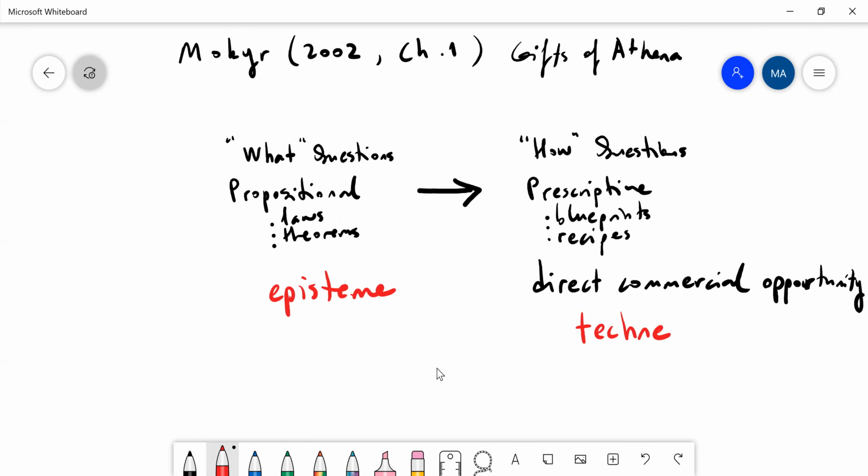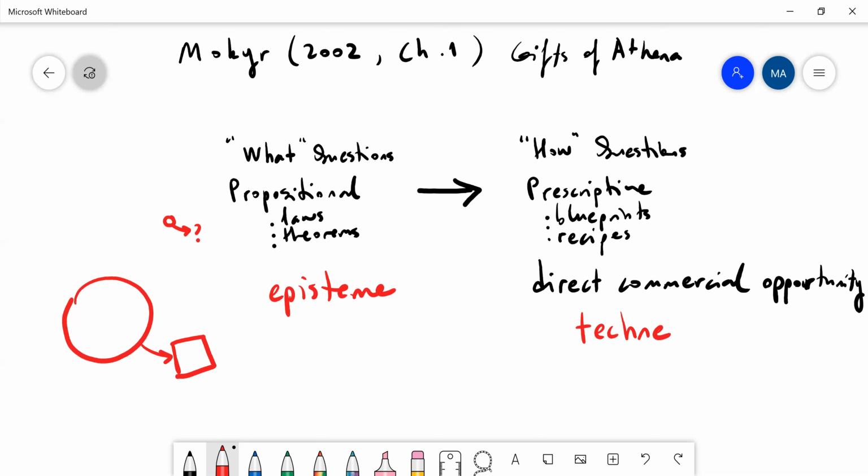And the idea is like this. If we know a lot about Newtonian mechanics, we can innovate certain stuff more successfully. If we know only little, we may not innovate. So in this sense, what questions are very useful for how questions.